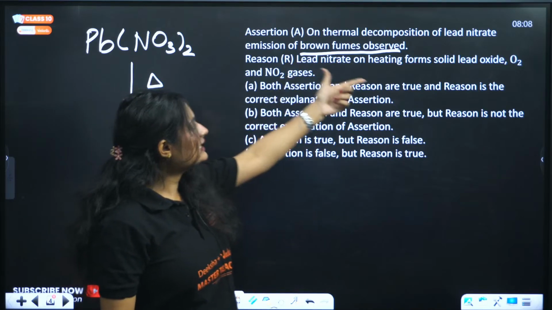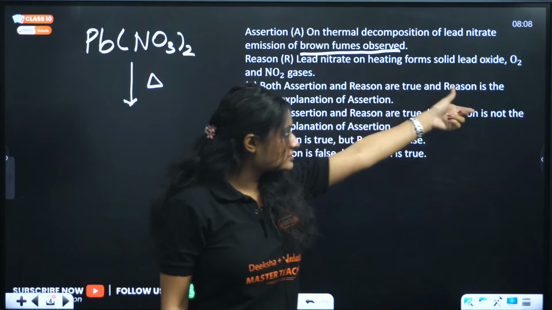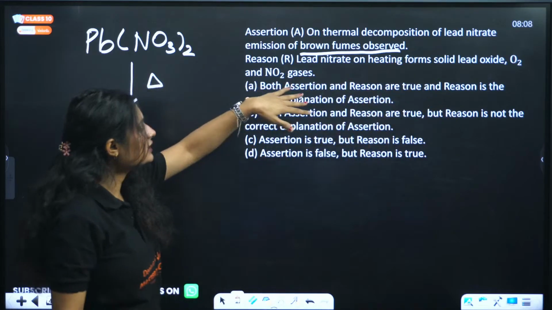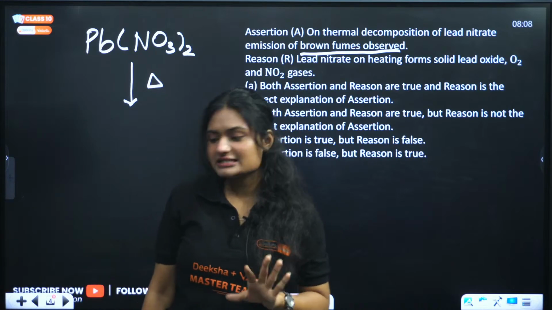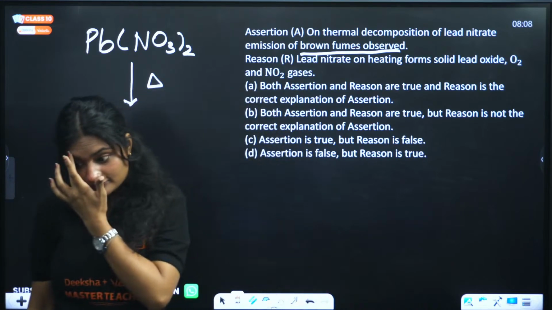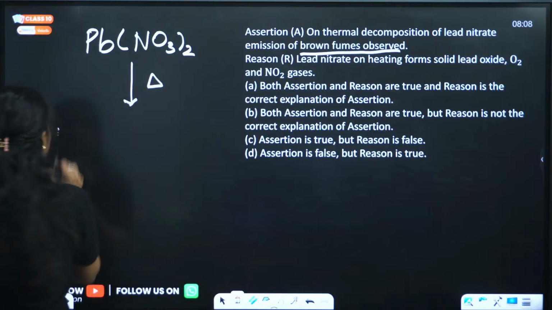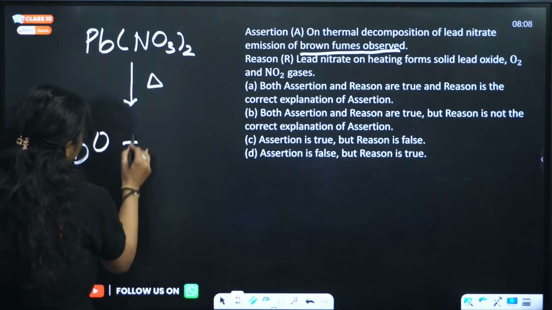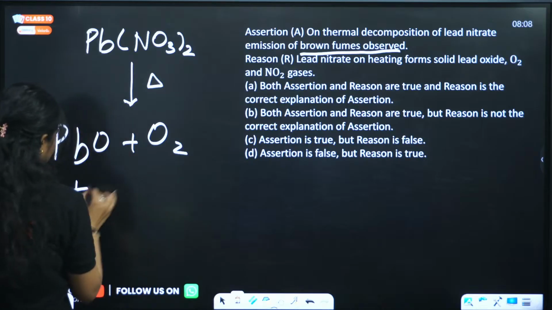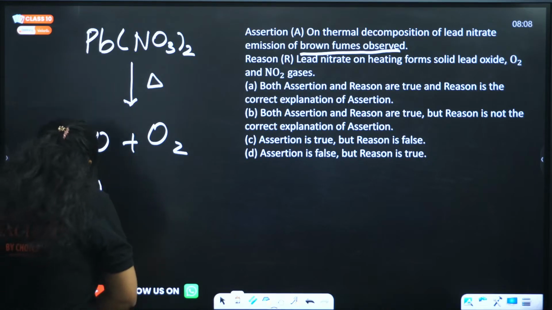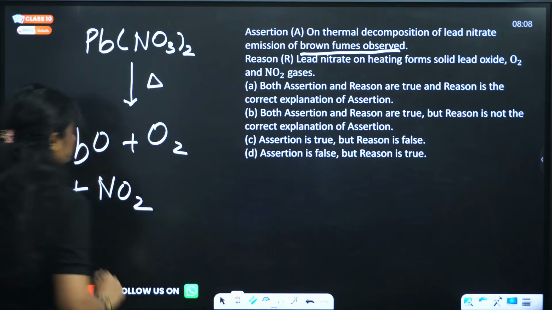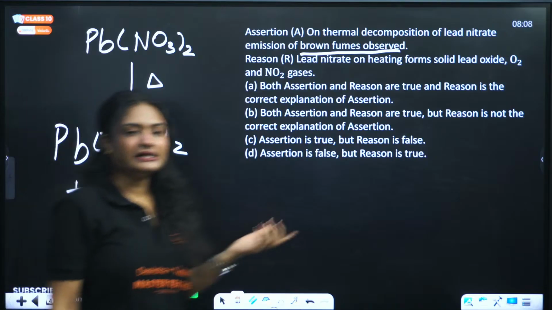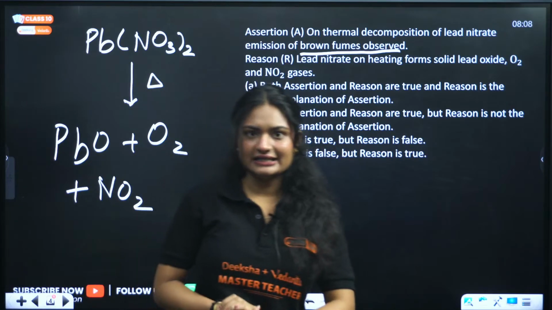Reason says lead nitrate on heating forms solid lead oxide, oxygen and nitrogen dioxide gases. So just tell me what you think is the correct answer. Let me do the reaction till then. These are the products that we will be getting on thermal decomposition of lead nitrate.